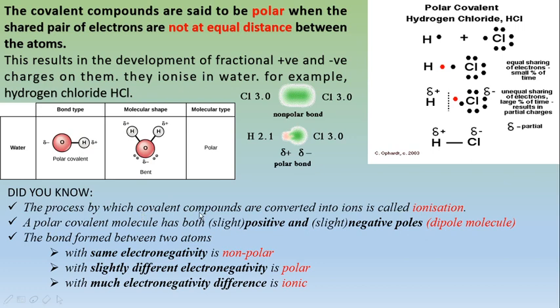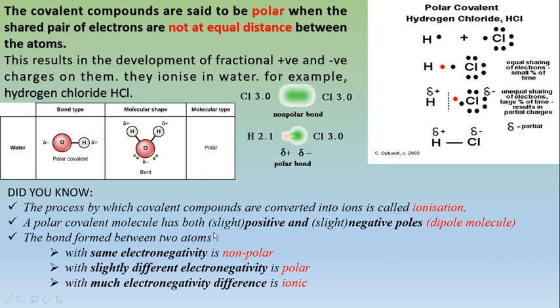The process by which covalent compounds are converted into ions is called ionization. As we all know well, the process by which covalent compounds are converted into ions is called ionization. So a polar covalent molecule has both slight positive and slight negative poles, I mean the charges.